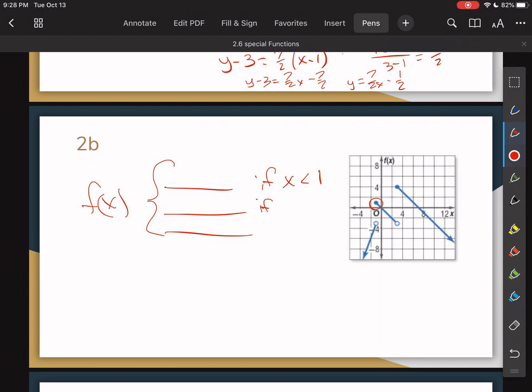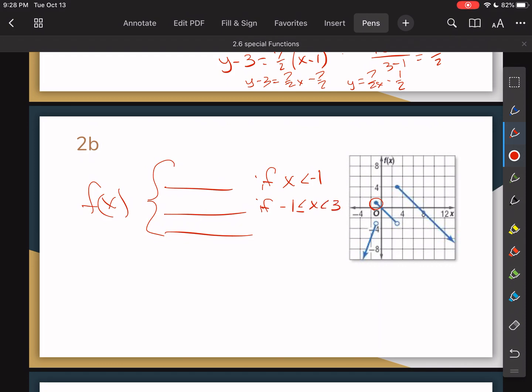Actually it looks like negative 1, huh? Man, this first one is a negative. Sorry, guys. So this is a negative 1. So this would be between negative 1, including that negative 1, and 3, not including the 3.